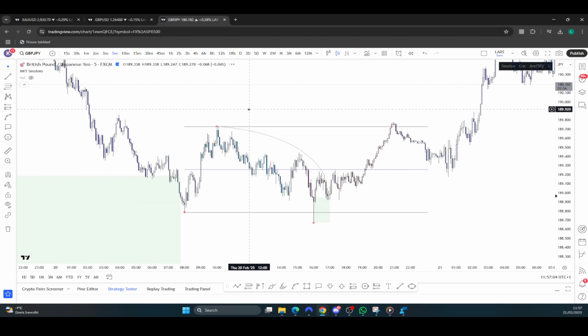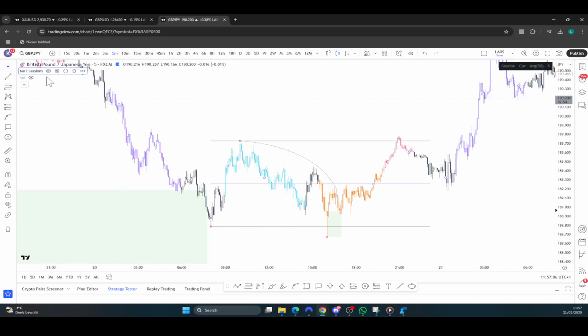But I looked at my sessions, right? I looked at my sessions, and in the purple highlighted area, you can see all the price action during Asia. Blue stands for London, and orange stands for New York AM, and then pink is New York PM. And you can see that Asia opened and pushed price down, leaving all these highs intact right here and right there.